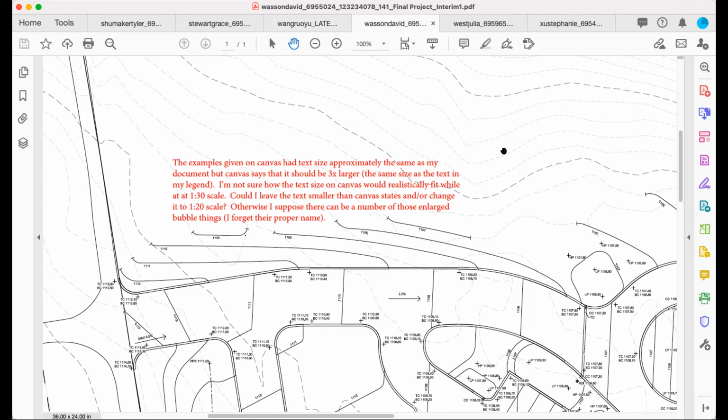Oh, no worries. I think my confusion comes from 1/8 of an inch at 1 to 30 scale would be 3.75 feet tall on the document. And mine's at 1 1/4 right now, which is a third of the size. So to meet that requirement on the assignment, I'm not sure how that would realistically work.